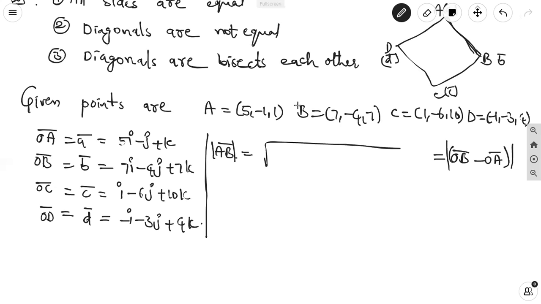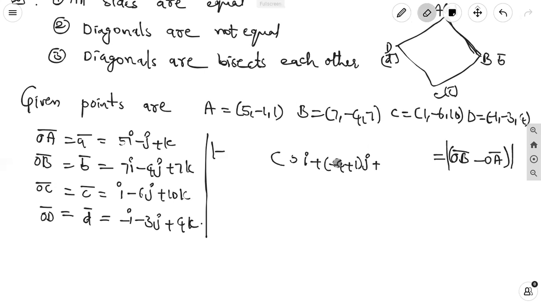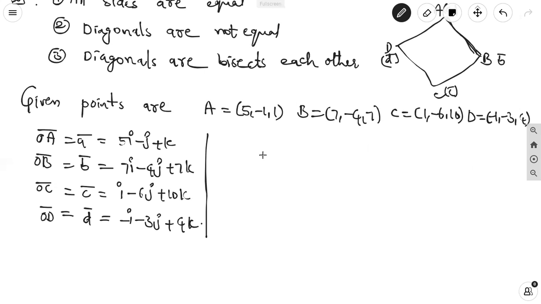First we can take it as a vector, then we can find out the magnitude, because you may get some confusion. That's why first we find the vector.